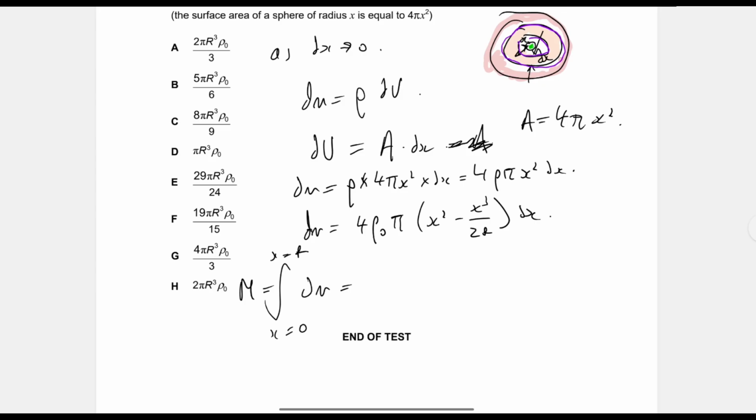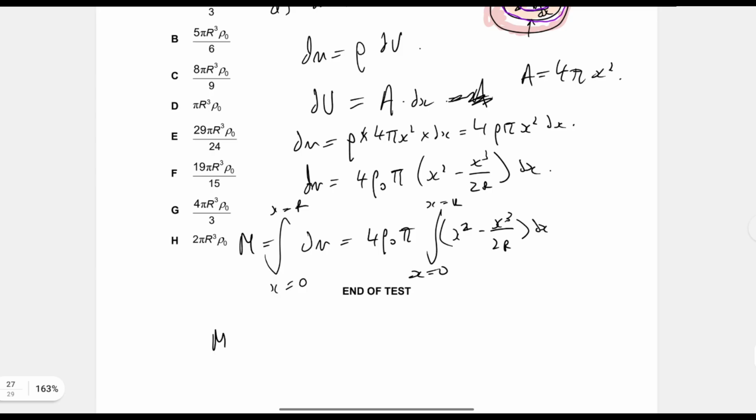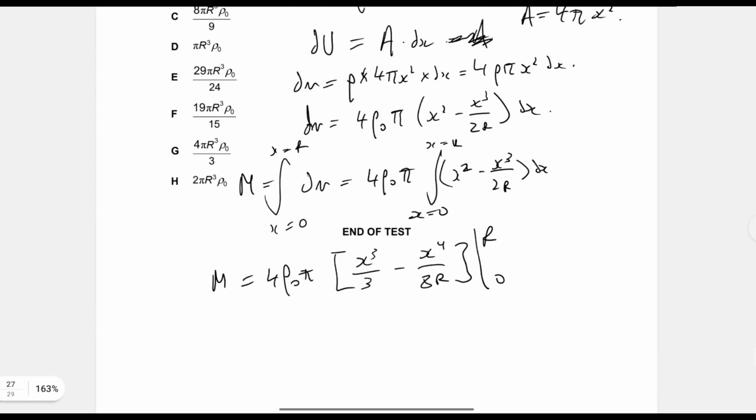So then m is going to be 4 rho naught pi, increase the power by 1 divided by the new power, between r and 0.